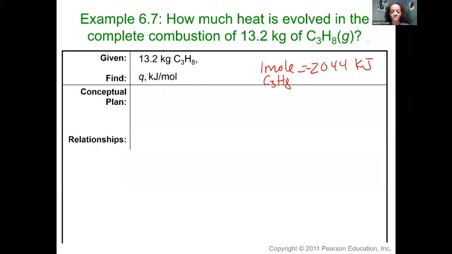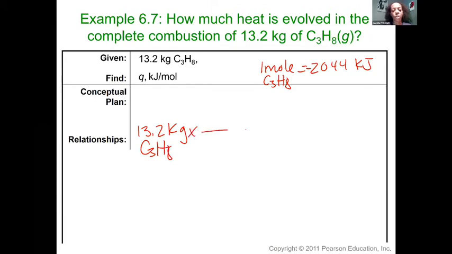And so now it becomes a stoichiometry problem, the same type of conversion factor that we've dealt with before. Our first objective is to get from this gram or kilogram unit to moles. And then once we're in the mole unit, we can utilize the ratio that exists between the substance and the enthalpy value. So we would start by saying 13.2 kilograms of C3H8.